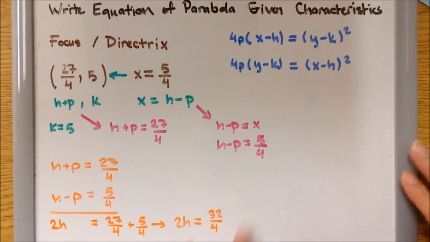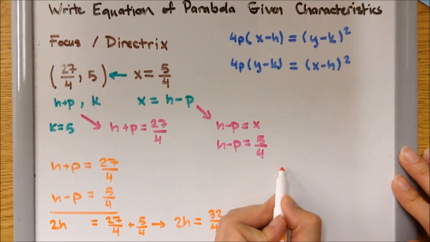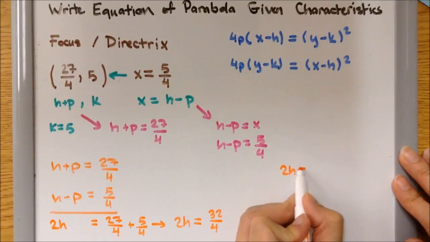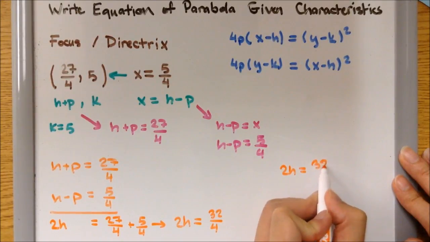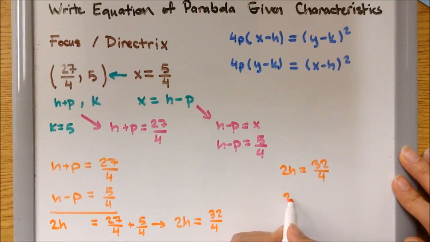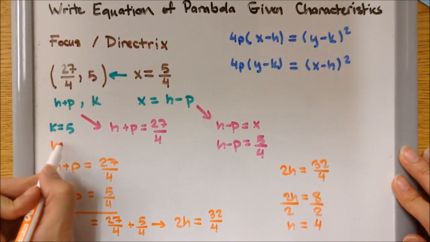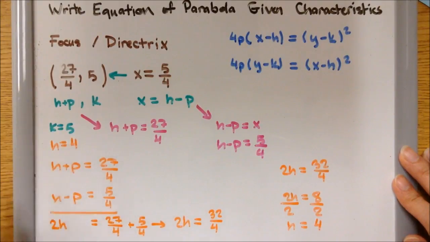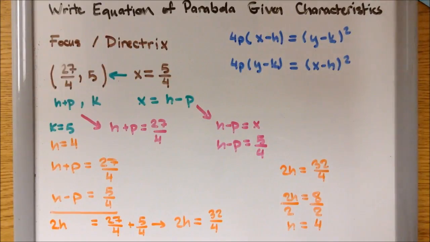Alright, I'm going to write right here for more space. So 2h equals 32/4. We can actually simplify 32/4. That would become 2h equal to 8. And then what I'm going to do next is divide by 2 on both sides to get h by itself, which is h equals 4. So we're going to write h equal to 4. So we've found the h value.